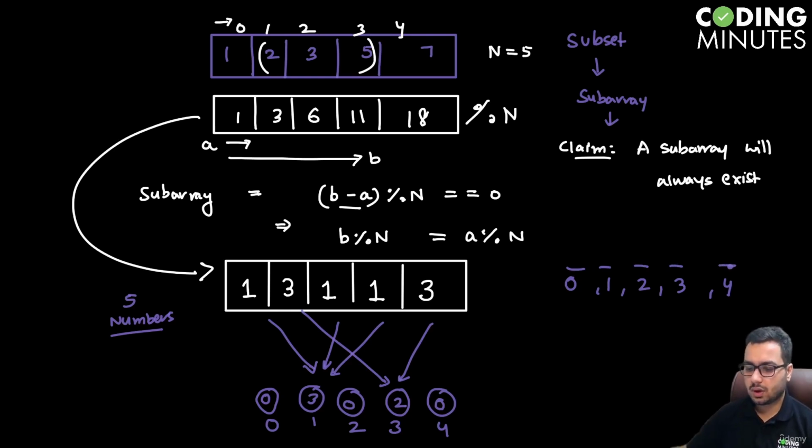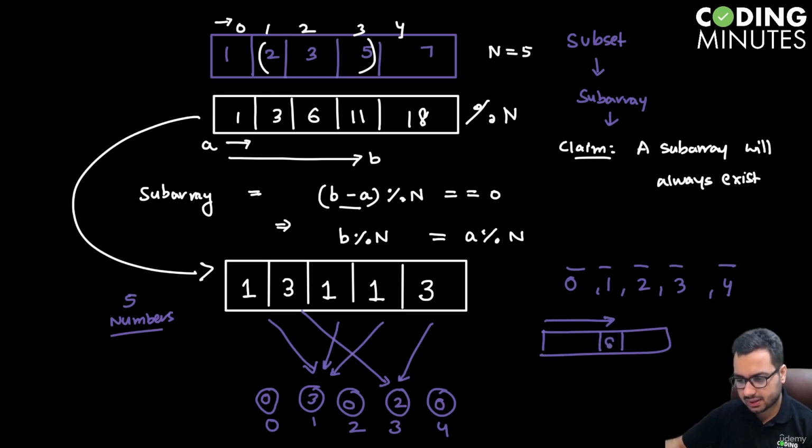Now what may happen is, let's say the cumulative sum till this particular point is 0, then you already got the subarray. If you get this sum b as 0, that means instead of 5 this number would have been 4.